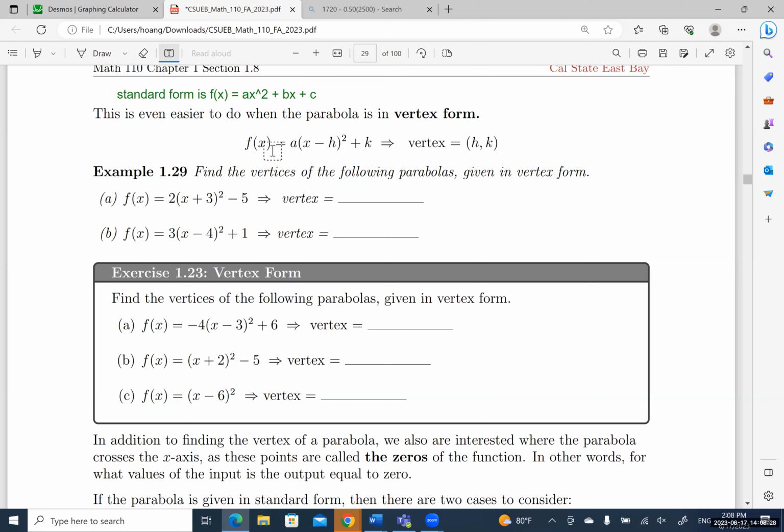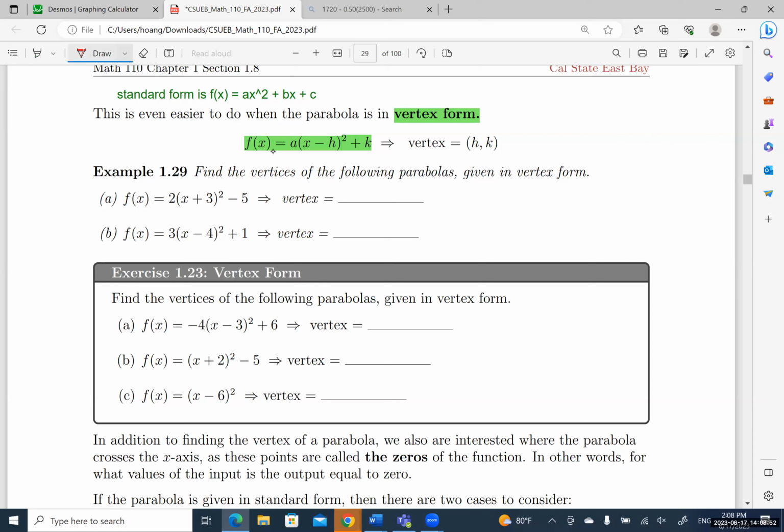But there is another form for quadratic functions we call vertex form. Okay, so vertex form is f of x equals a times (x minus h) squared plus k.